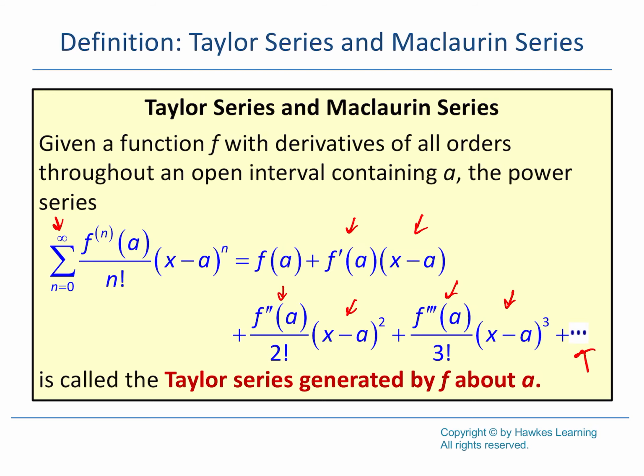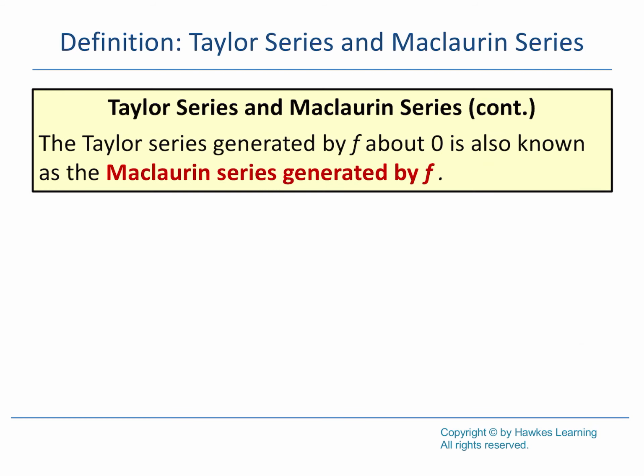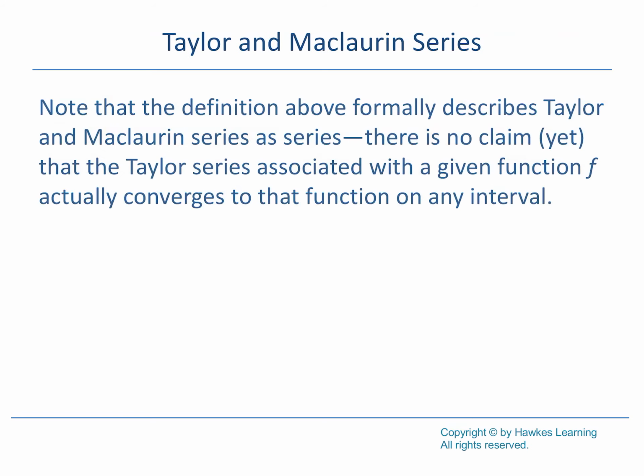It's pretty cool. And Maclaurin is just the special name that we give to a Taylor series that is expanded around a equals 0. So that's just a special name, nothing too serious there.